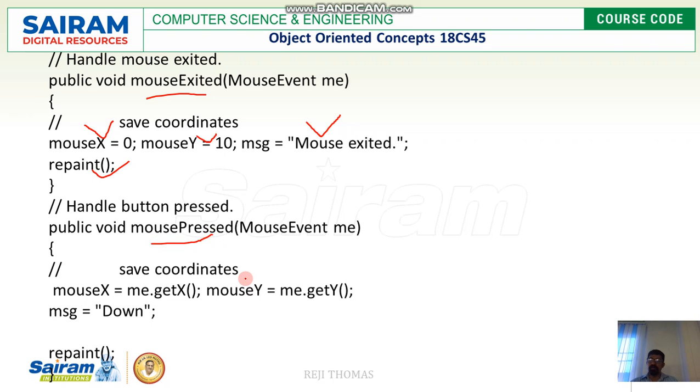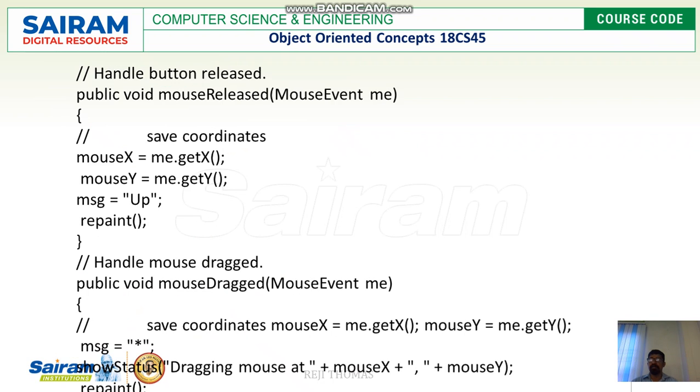In mousePressed, you are going to read the x and y coordinate values, which are stored in mouseX and mouseY, and we are going to have a message, down, and repaint. Repaint is rewriting.